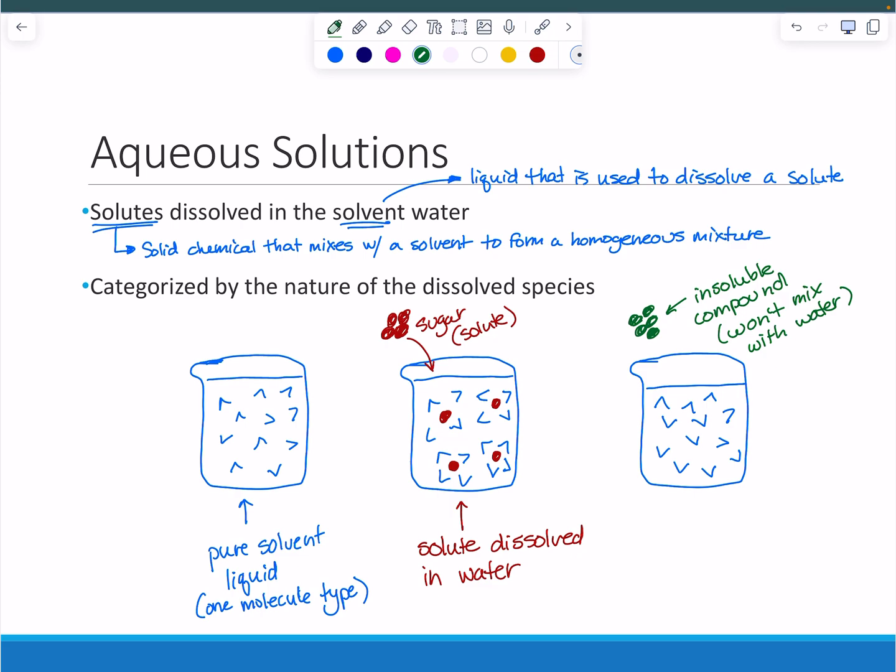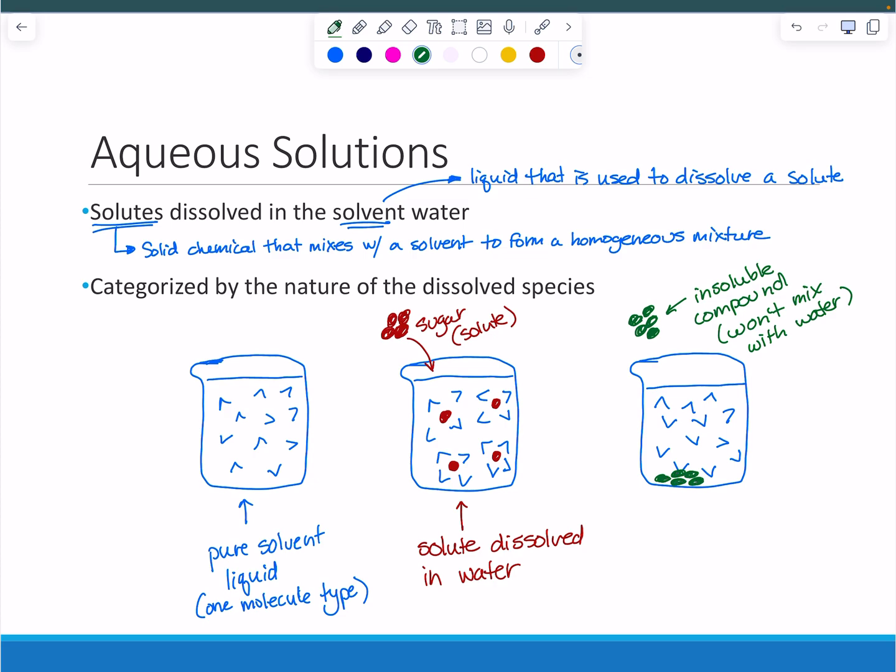So if I took sugar and tried to dissolve it in oil, or salt, it wouldn't dissolve, it would be insoluble. And so what happens when we try to put something that's insoluble into our solvent is that it's just going to stay clumped together in its own little corner, at the bottom of the beaker.